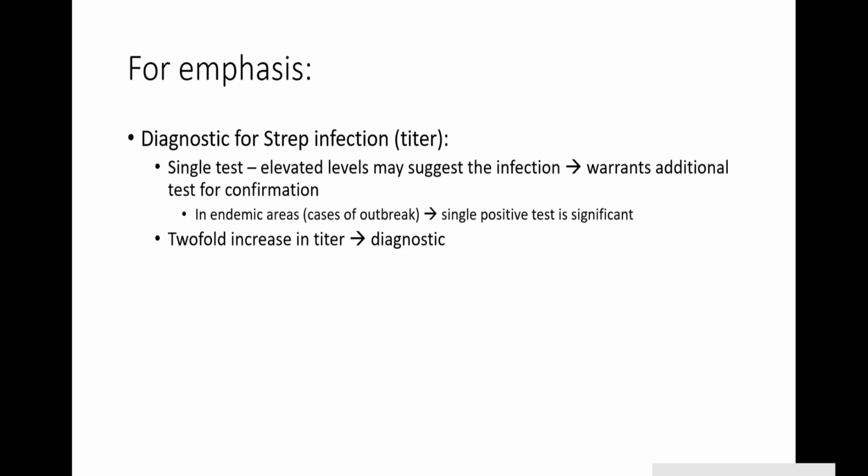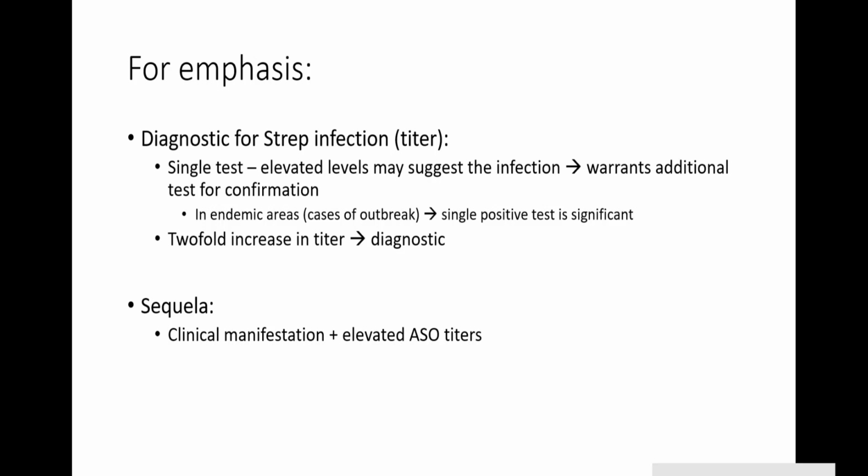Okay? Now, for confirmation of post-streptococcal sequela, what doctors do is correlation. Doctors correlate clinical manifestations together with elevated ASO titers. As for confirmation of post-streptococcal sequela, one testing is already enough. Okay, one antibody titer result is already enough, given that the antibody titer must be higher or elevated than the normal.